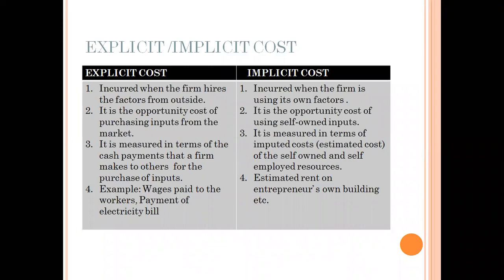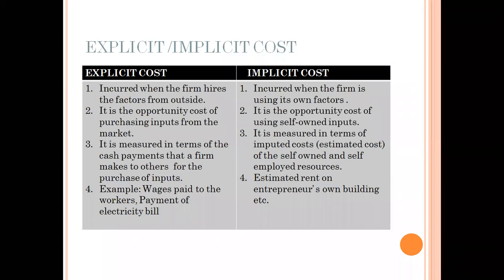Implicit cost: salary of own working as a manager, or working on your own plot of land where you don't have to pay the rent. Clear?